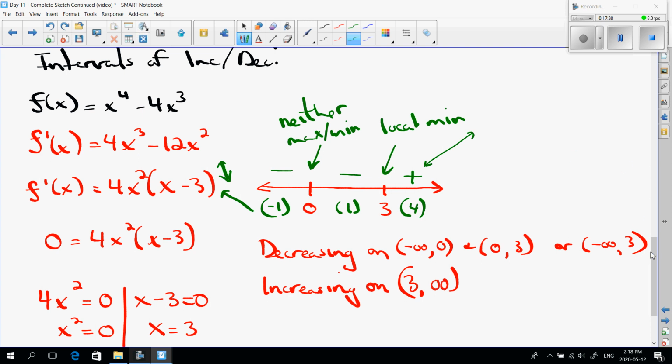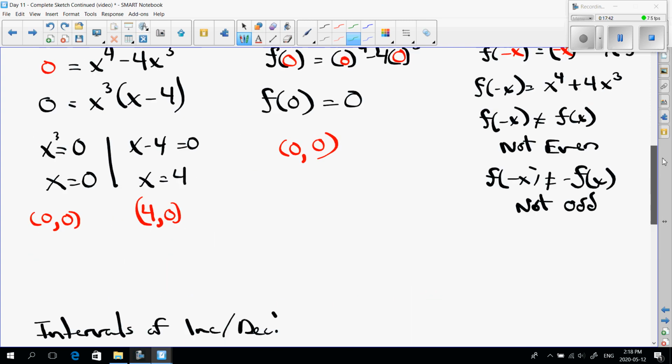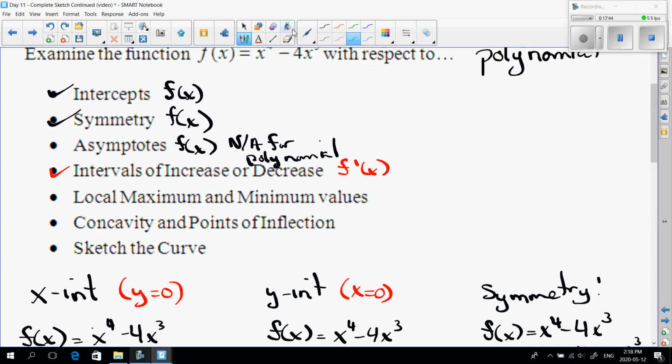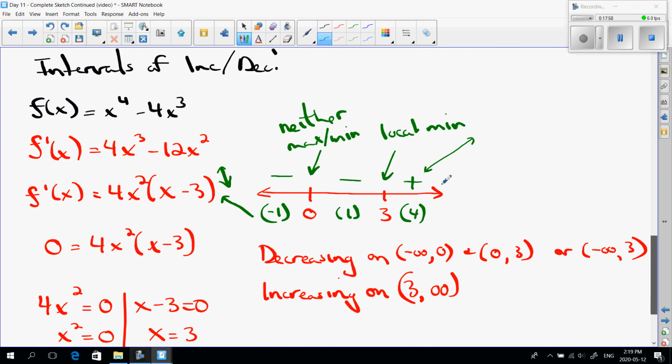In order to figure out the location of my minimum, that's what it's asking for next, I am going to use the original function again. I want to know the y value. So I know that my minimum occurs when x equals 3.